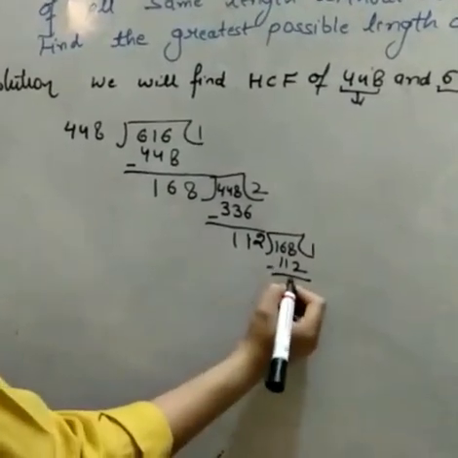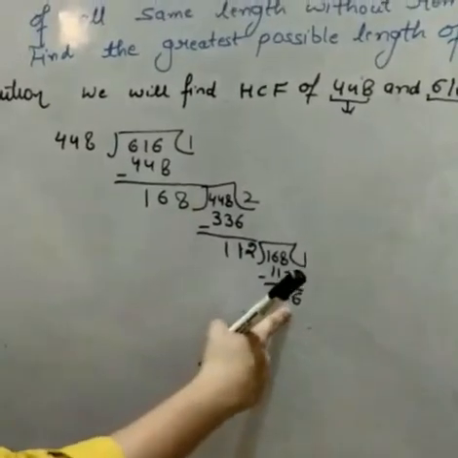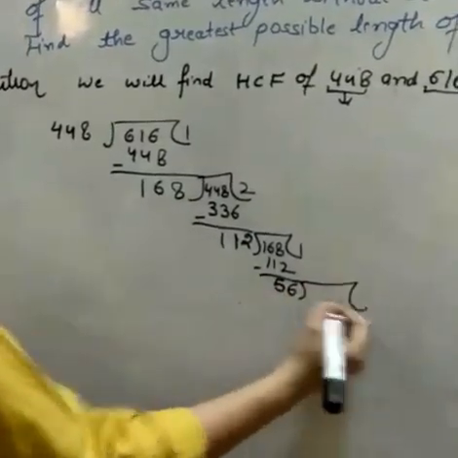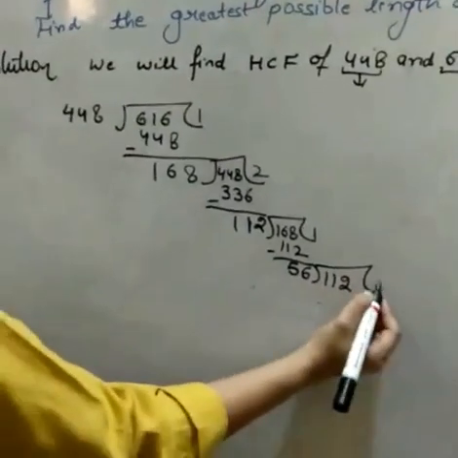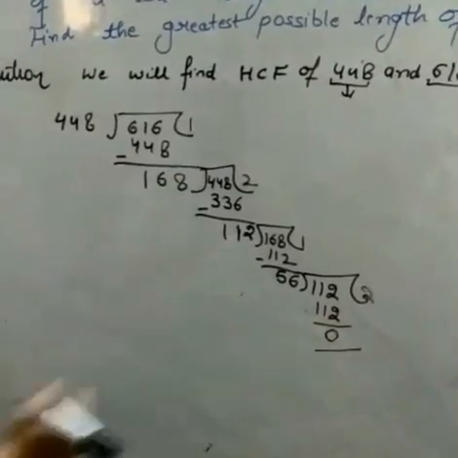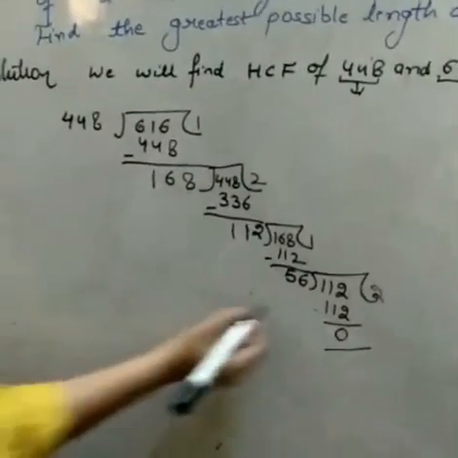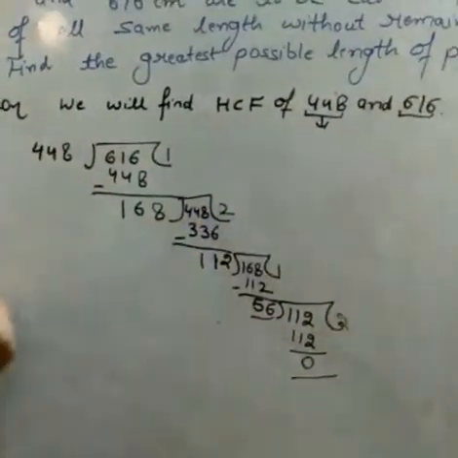So what will come? 56. Now 56 will be divisor and 112 will be dividend. So 56 twos are 112. Now it is completely divisible, which means 56 is the HCF of 448 and 616.